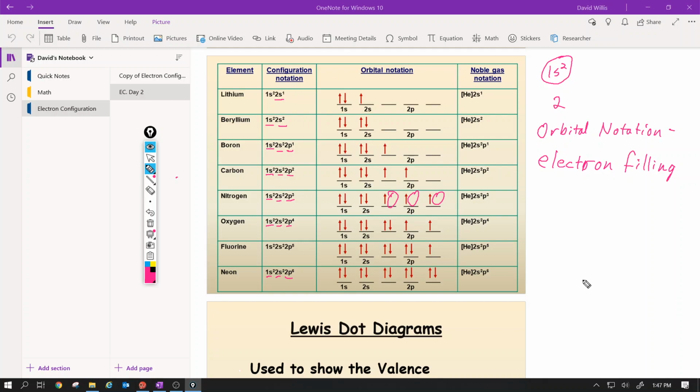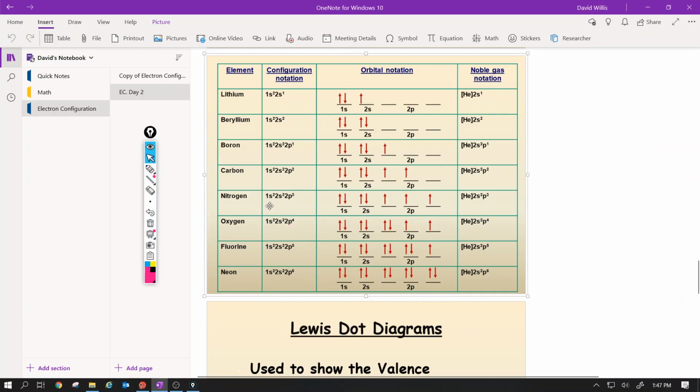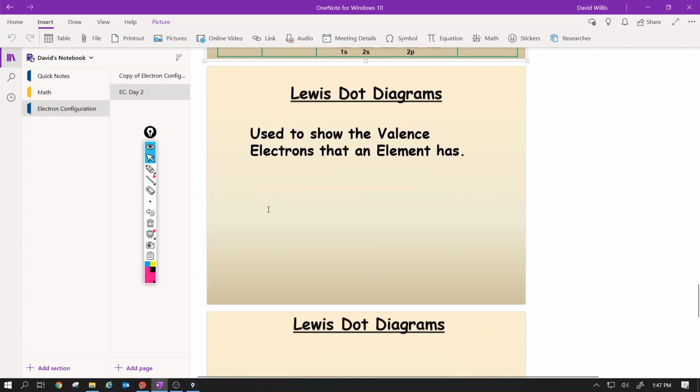Lewis dot diagrams. Okay, so let me clear this. Let me click here, and all right. So a Lewis dot diagram is used to show the valence electrons, specifically the ones from the S and P orbitals.